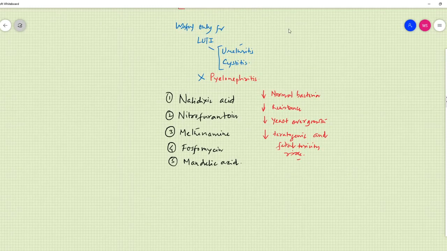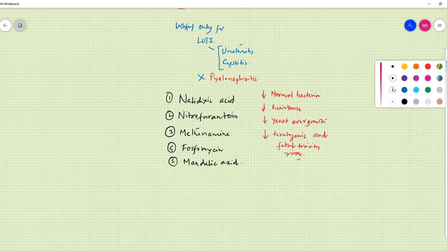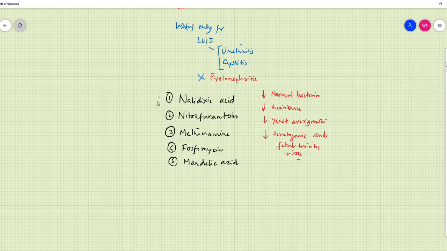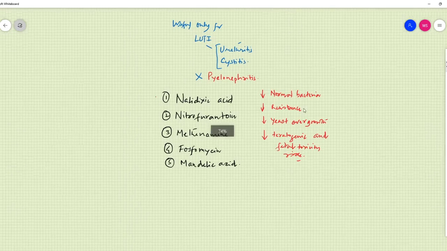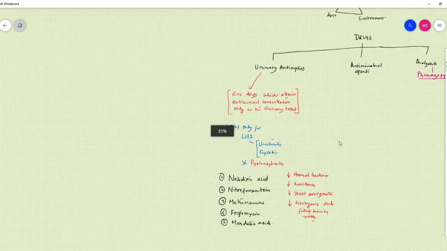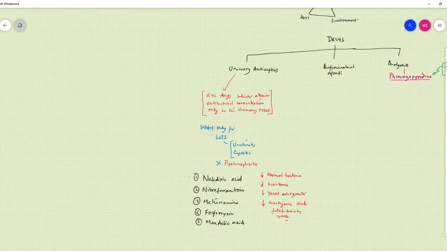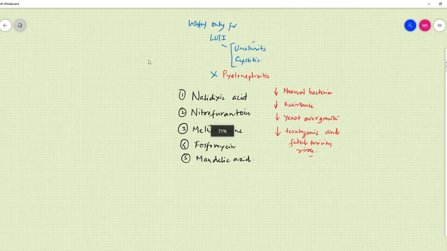So nalidixic acid, let's talk something about nalidixic acid. It is synthetic. That is why, if you remember the classification, we wrote antimicrobial. So this is basically an antimicrobial agent. It's not an antibiotic as such because it is synthesized, a synthesized chemical.